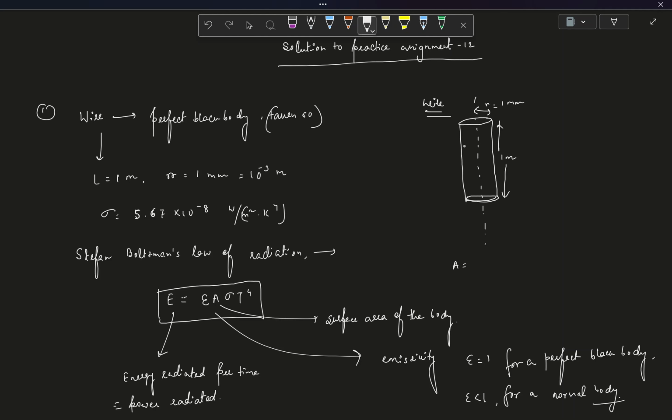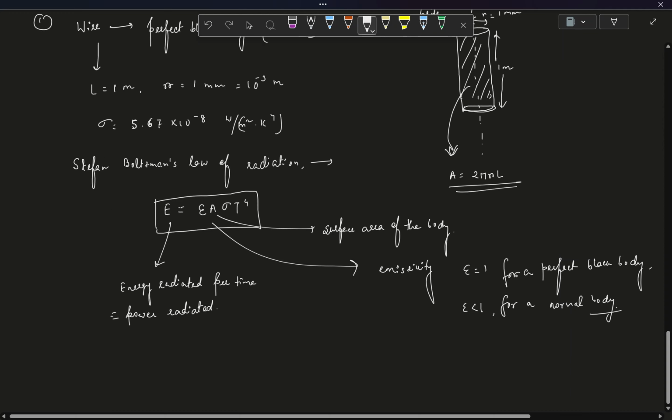This is the area you have to take, because that area will radiate the energy, right? The r value and the L value are both given in the question.